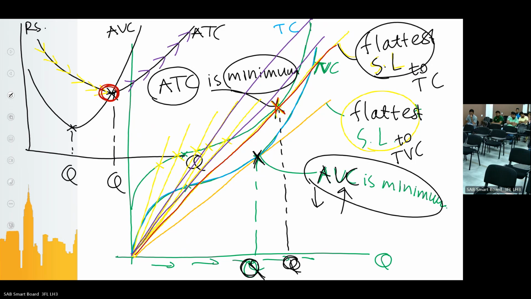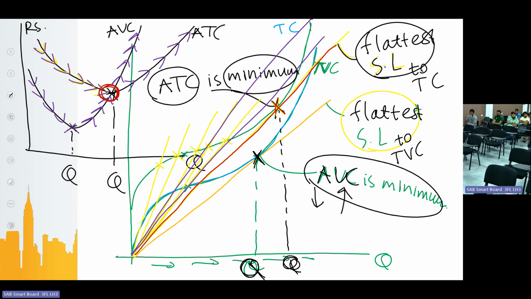So here you see ABC is initially decreasing and reaches the minimum and then starts to increase. ATC also has the same behavior, initially decreasing and then starting to increase.